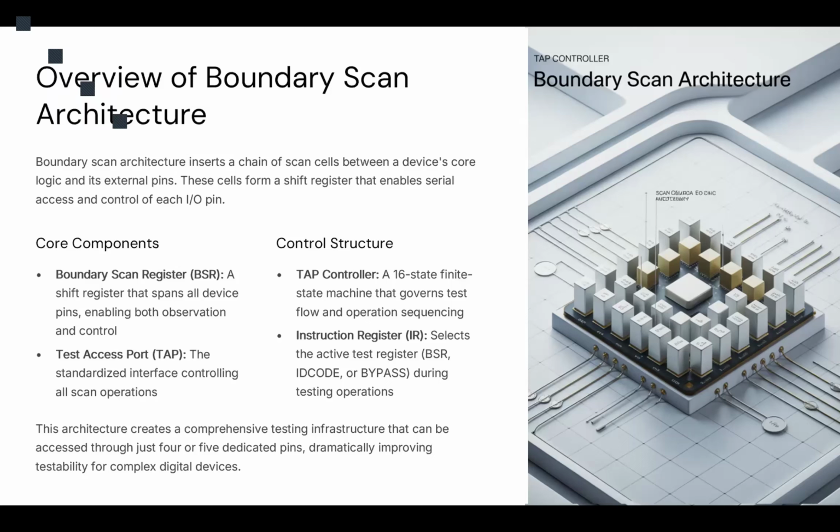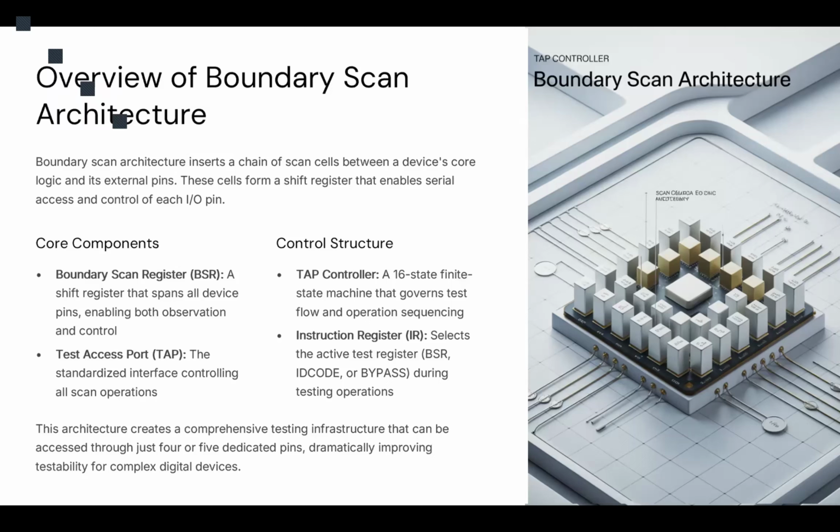So we have both control and observation of all the ports inside our chip. By using this interface, which is basically an internal scan logic, we eliminate the need for an external testing and observation configuration.